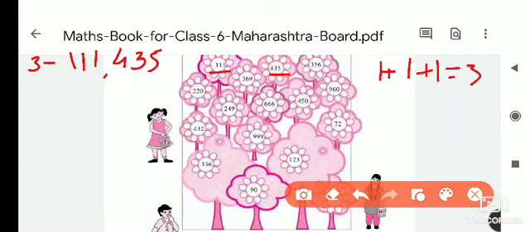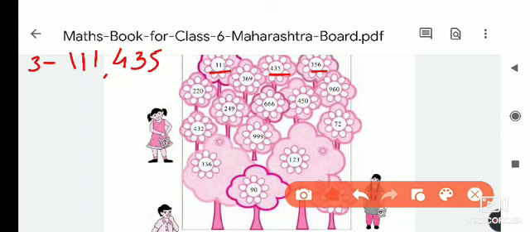The next number is 356. 3 plus 5 is 8, and 8 plus 6 is 14. 14 is not present in the table of 3, so 356 is not divisible by 3. So we are not going to write this number.